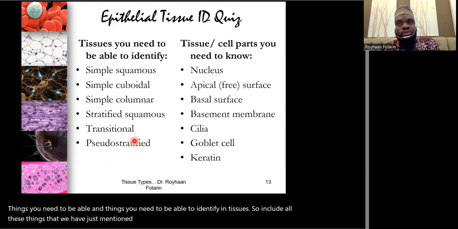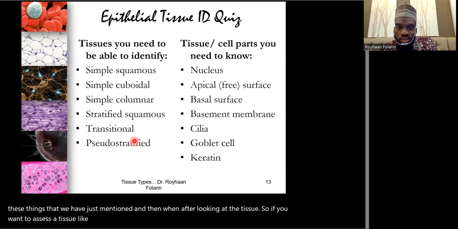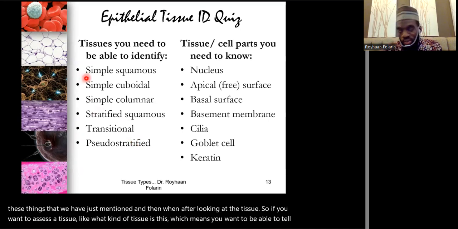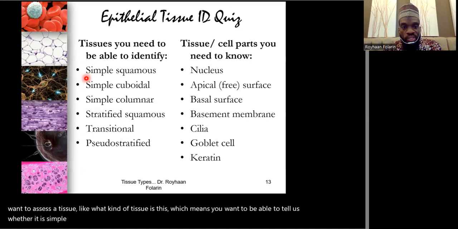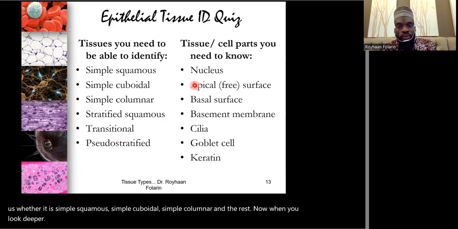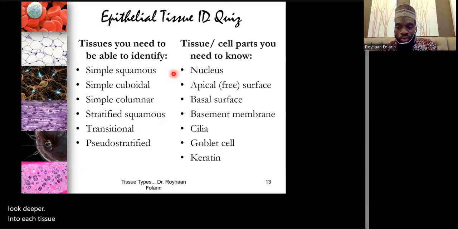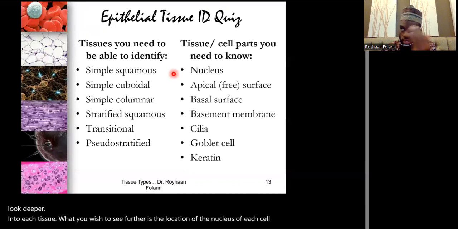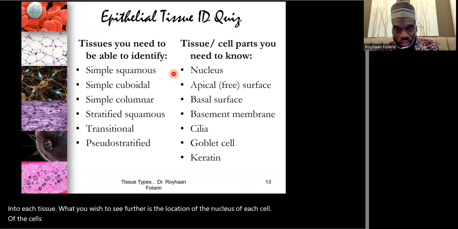And then after looking at the tissue, if you want to assess a tissue, like what kind of tissue is this, it means you want to be able to tell us whether it is simple squamous, simple cuboidal, simple columnar, and the rest. Now, when you look deeper into each tissue, what you wish to see further is the location of the nucleus of the cells of that tissue.